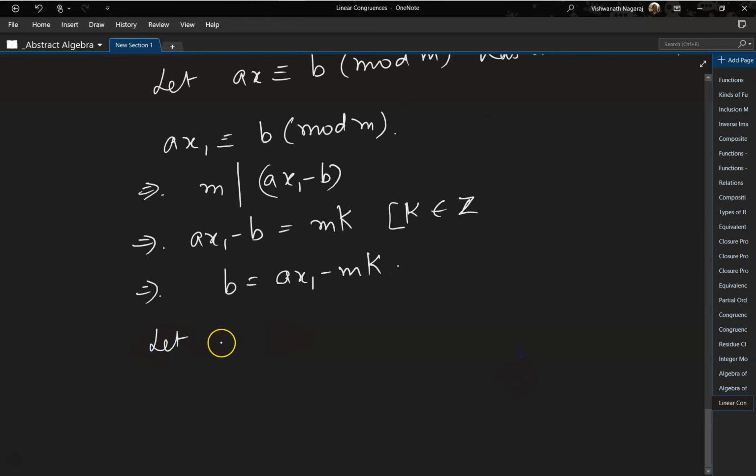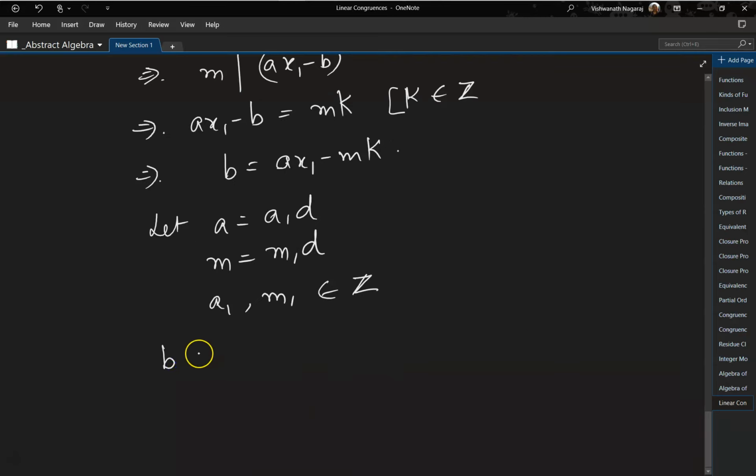Now, let A be equal to A1D and M be equal to M1D. Basically, how we figure out A1 and M1 is that we have A and M, and we divide them by D, the GCD, to get A1 and M1. A1 and M1 belong to the set of integers.